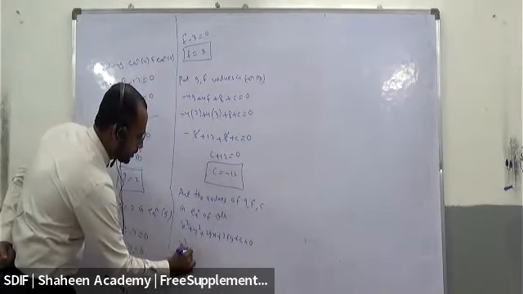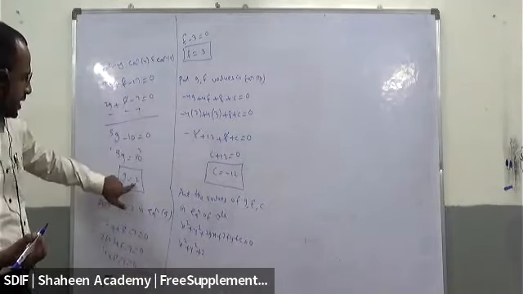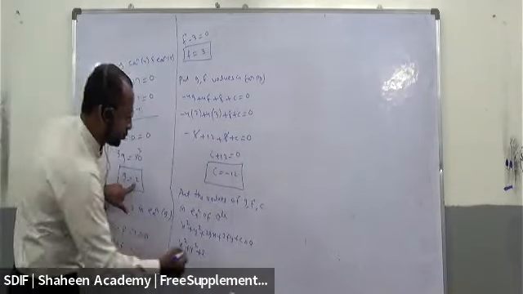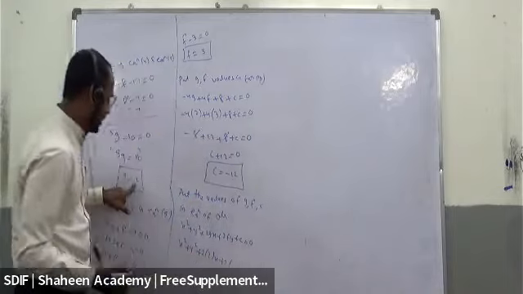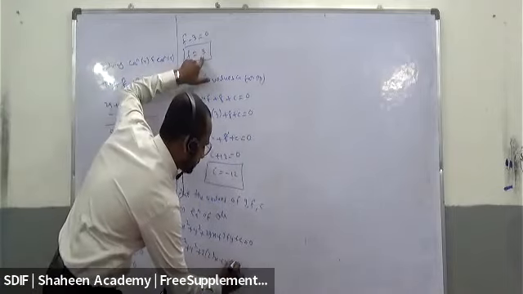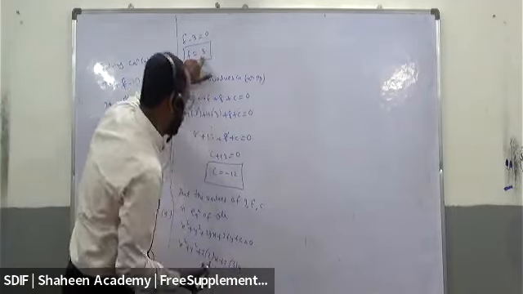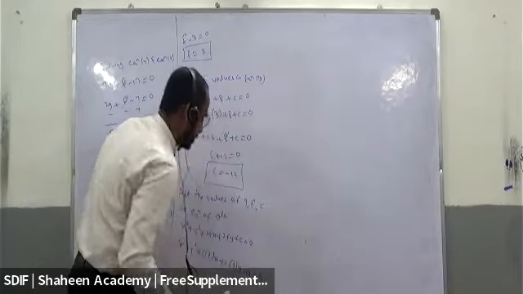So x square plus y square plus 2, on the place of g we have to use the value of g as 2, into 2x, plus 2, on the place of f we have to use the value of f as 3, into y, on the place of c we have to use minus 12, is equal to 0.